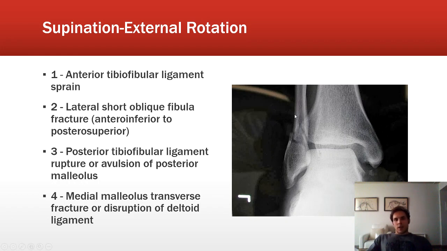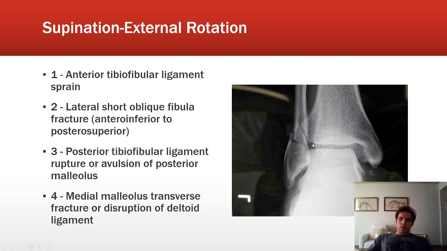After the fibula fracture occurs, the force continues around and you end up with either a posterior tibiofibular ligament rupture or an avulsion of the posterior malleolus. Why is this important? If you progress this far in the fracture, you have one malleolus involved, you have disrupted the syndesmosis on both sides.